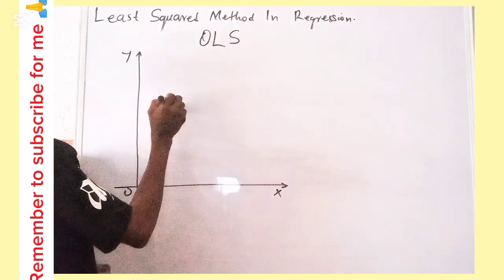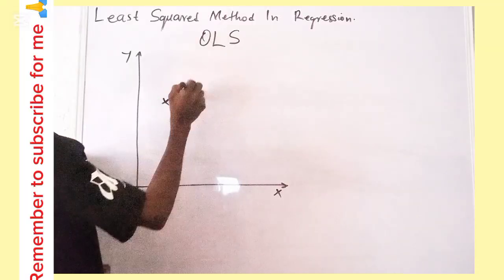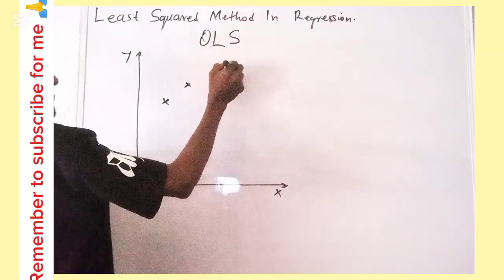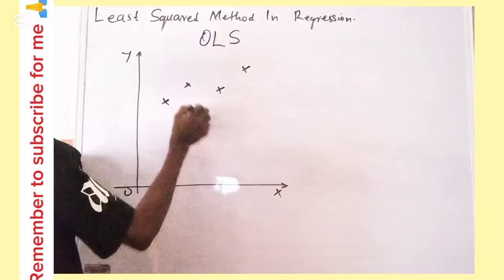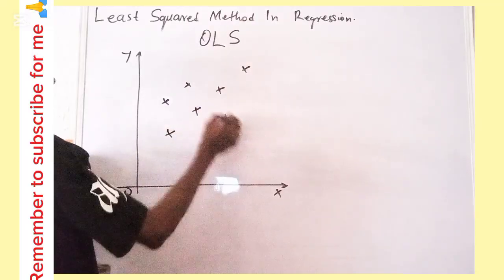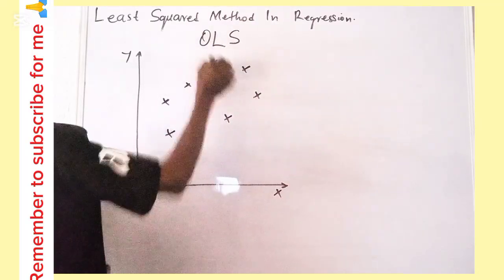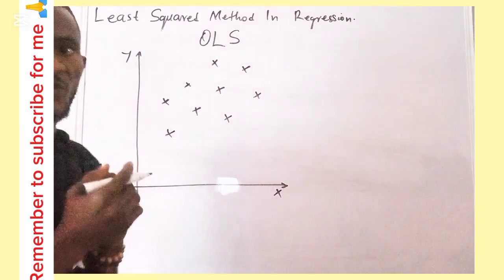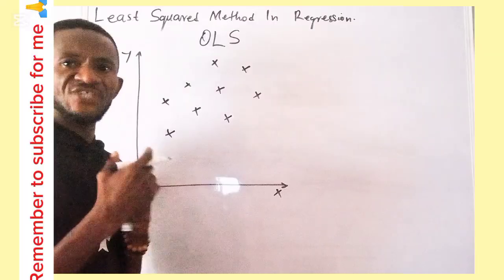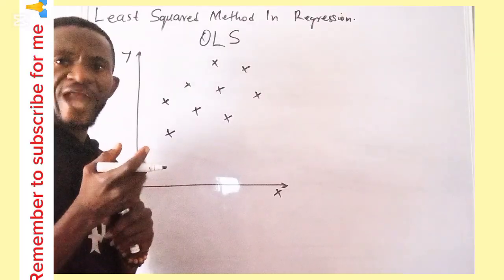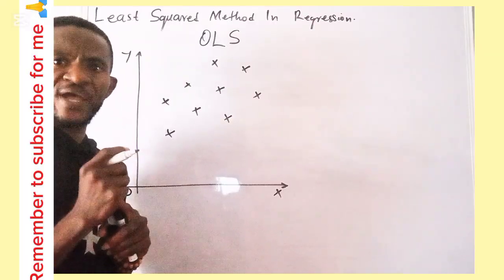You might have a plot this way of the values of x and y. Our concern here now is to fit a regression equation or line using the least square method.